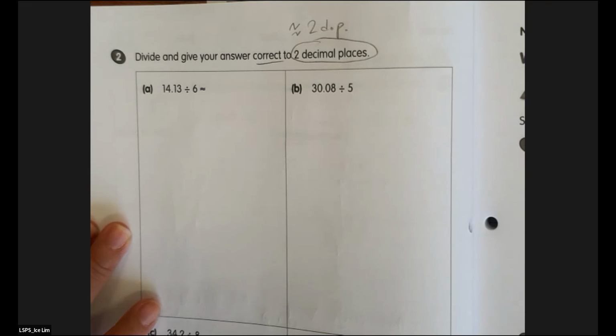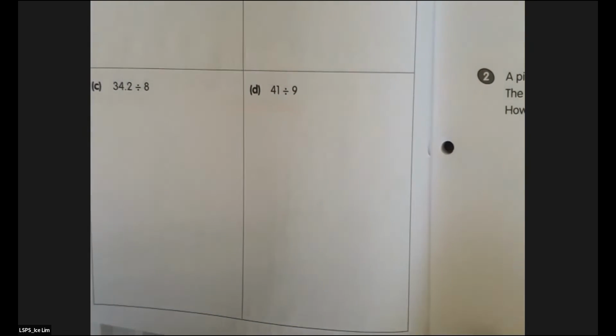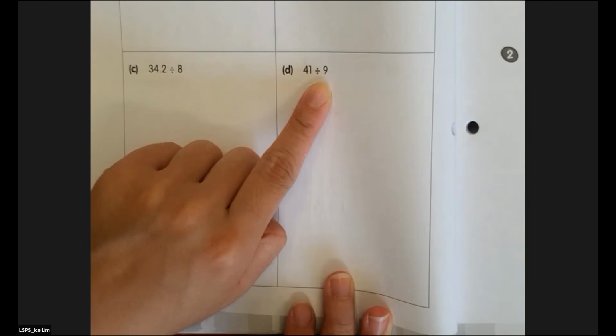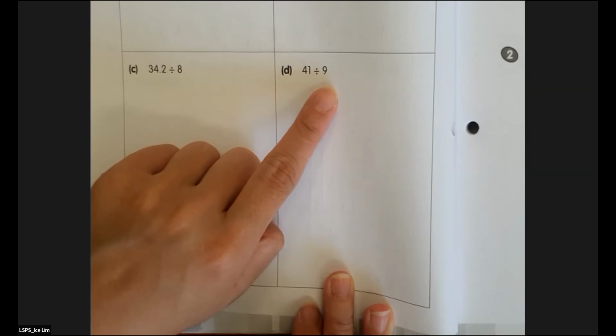For example, I just jump to question D. Page 70, question D. 41 divided by 9. Okay.